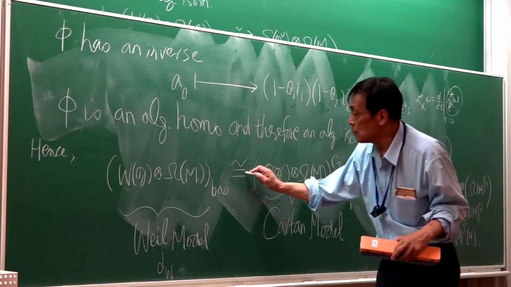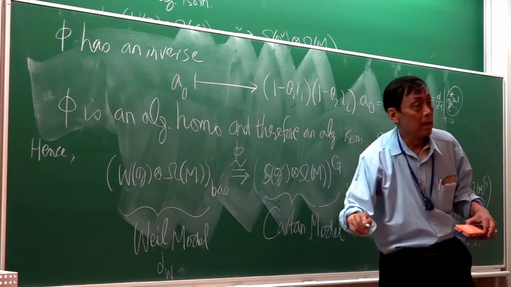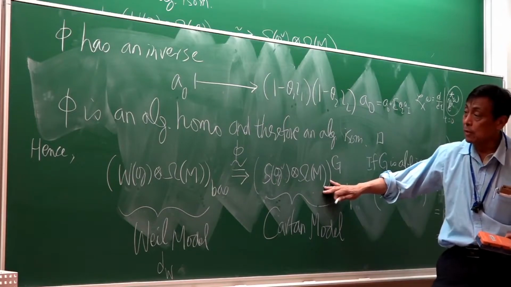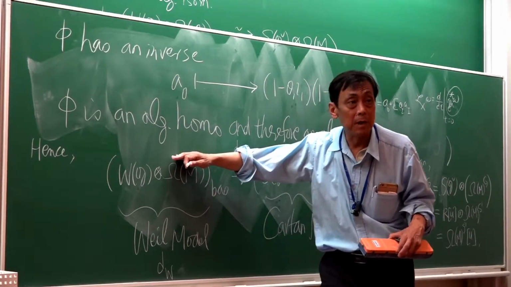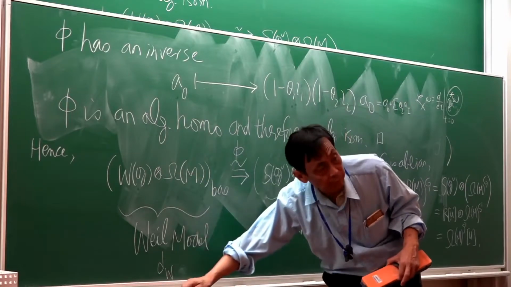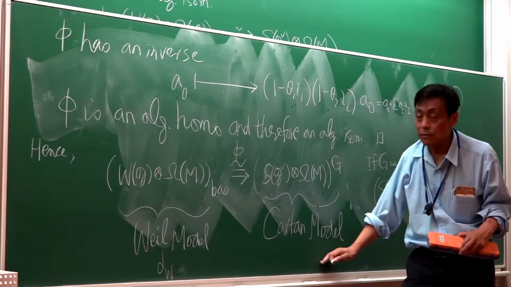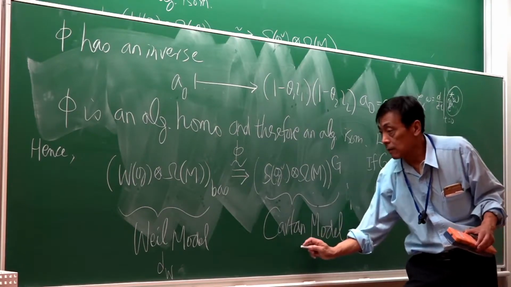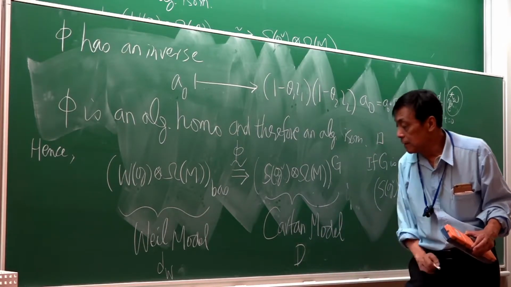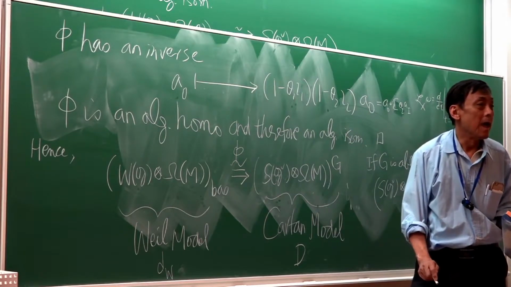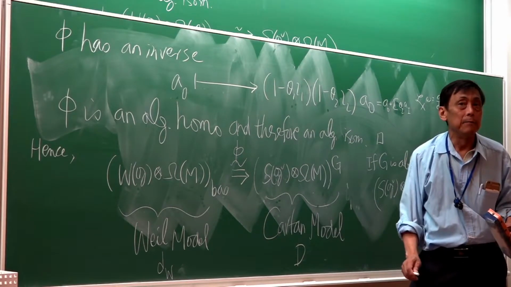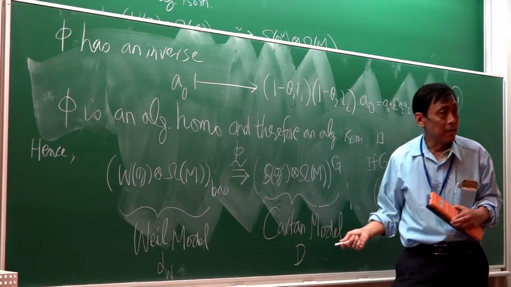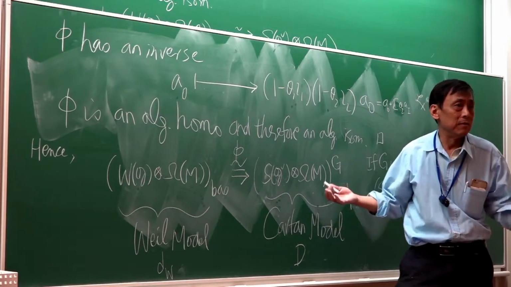And then you have this isomorphism phi. So if you start with an element in the Cartan model, you can go back to the Weil model, compute its Weil differential, then come back to the Cartan model, and that will give you the formula for the Cartan differential, D. I was going to do it, but it's a very straightforward technical exercise, and you get the formula.